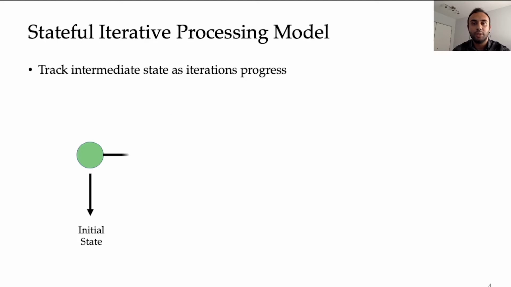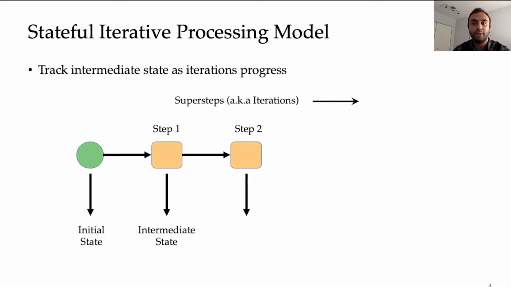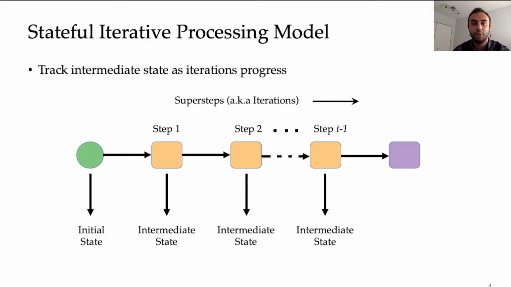Now, incremental computation needs to keep track of the intermediate values as computation progresses. This is what we call a stateful iterative processing model, where the values computed in each superstep or iteration are tracked as intermediate state so that the impact of graph updates is incrementally computed in the form of changes to the intermediate state.